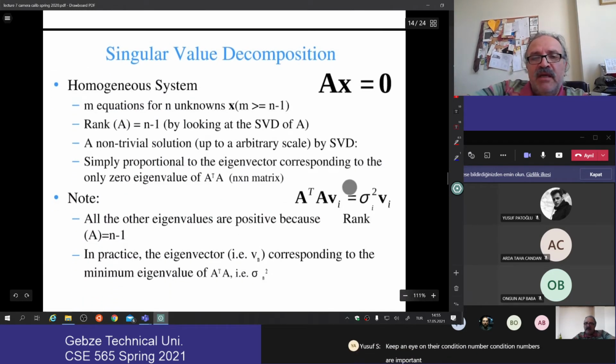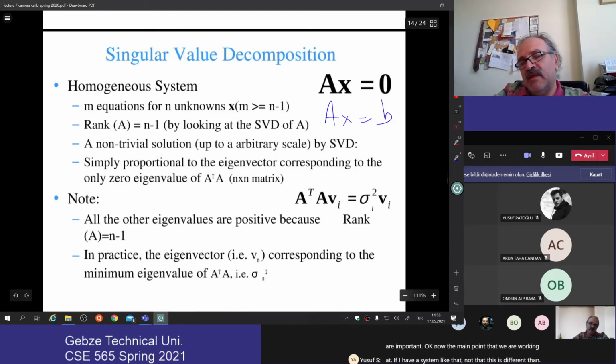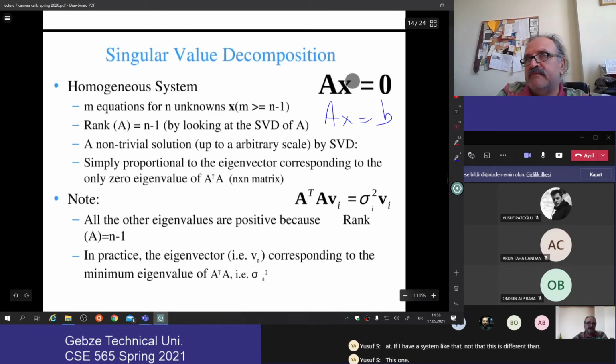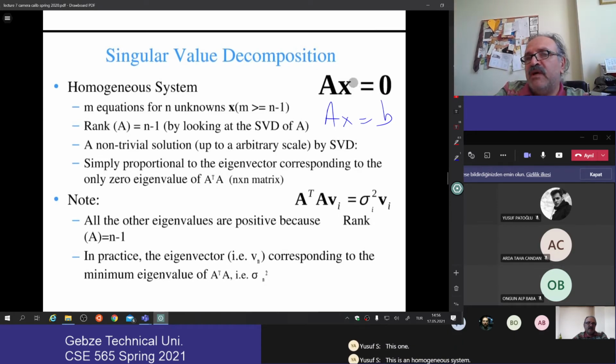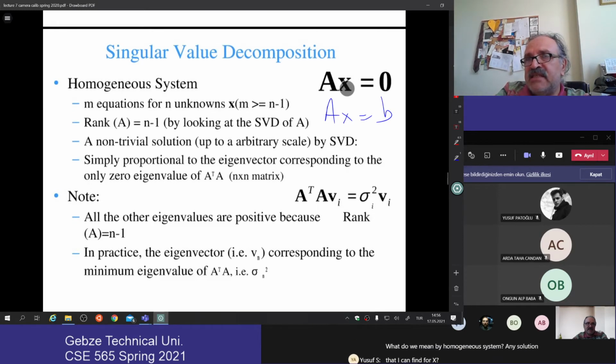Now the main point that we are working at. If I have a system like that, note that this is different than this one. This is a homogeneous system. What do we mean by homogeneous system? Any solution that I can find for x is just a single solution; there are infinitely many solutions.